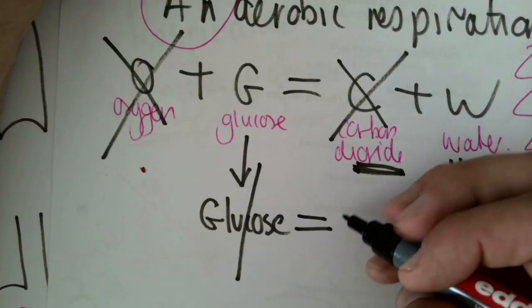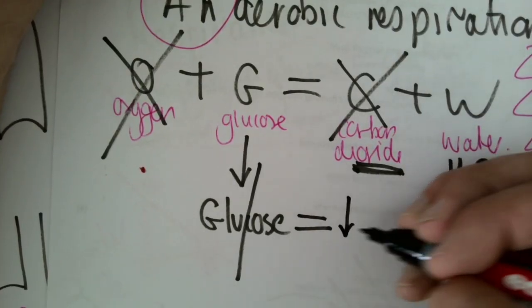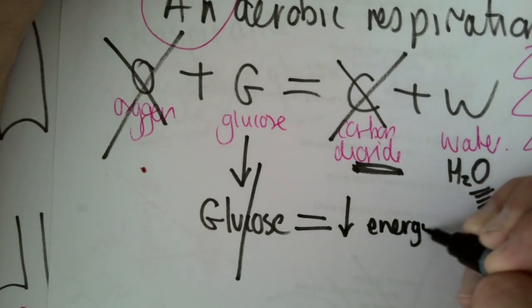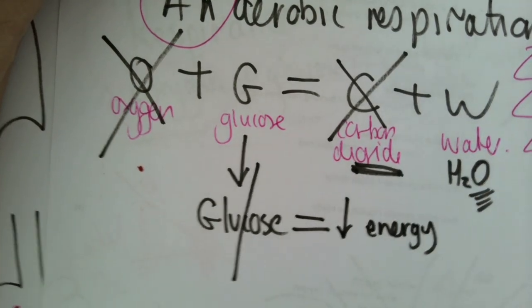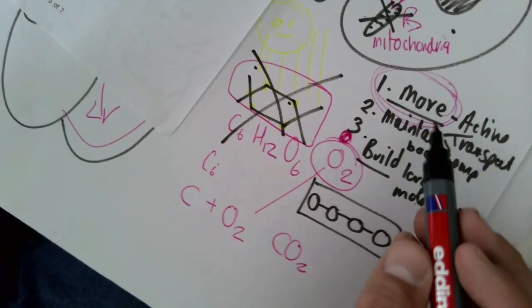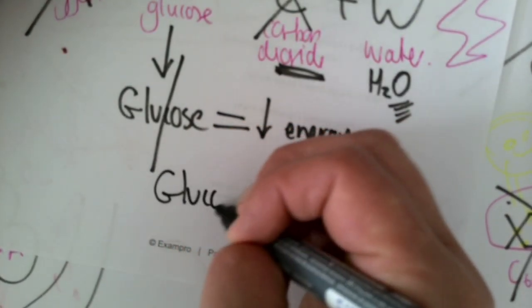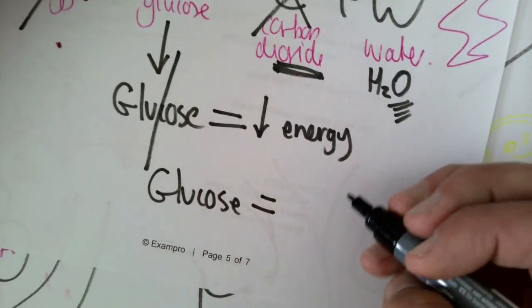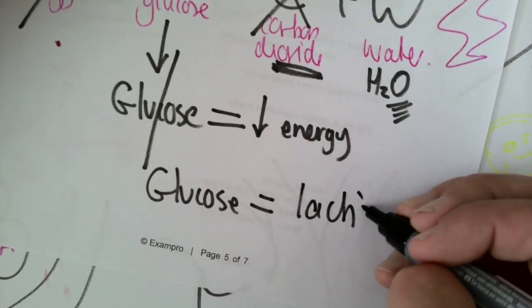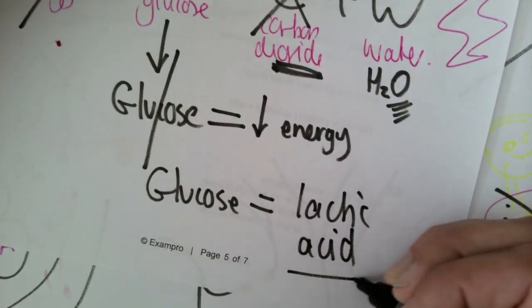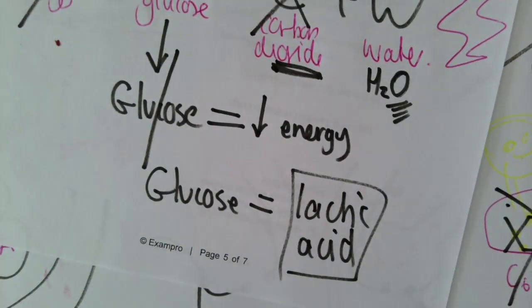And when it splits it in two, it releases less energy, but still energy, move, active transport, maintain temp, build larger molecules. But it has a byproduct, which is glucose, partially broken down, equals lactic acid. And that is anaerobic respiration.